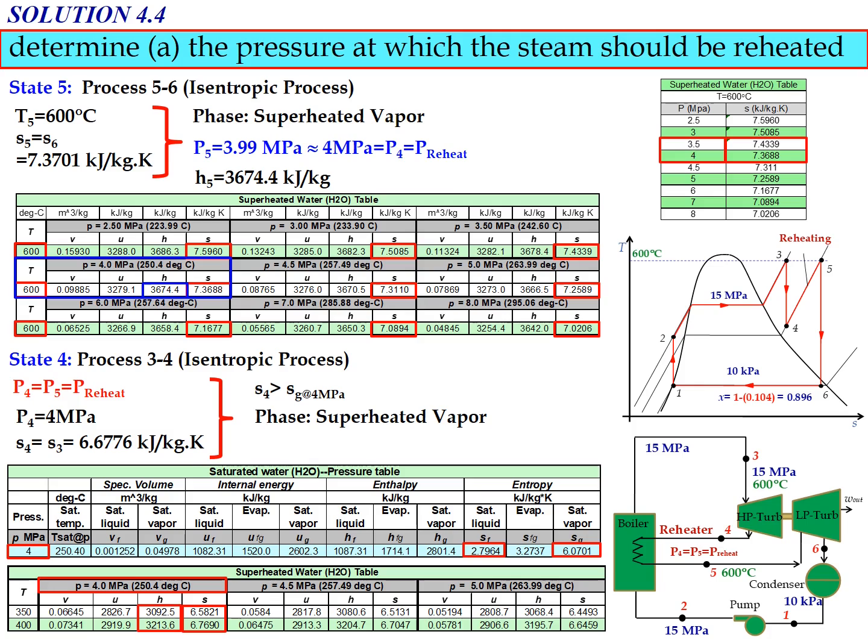So you need to make interpolation between the entropy value and also the enthalpy value. So from the table you can determine the value of H4, H4 equal to 3154.38. Okay, so we already have all the information in terms of enthalpy for state number 1 until state number 6.